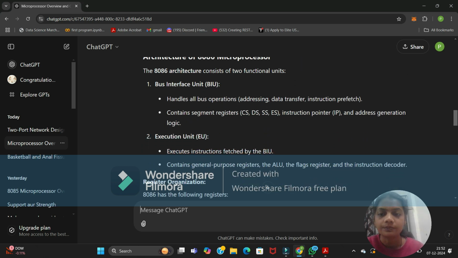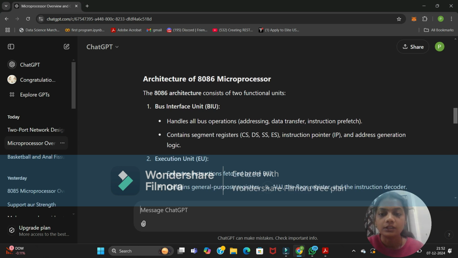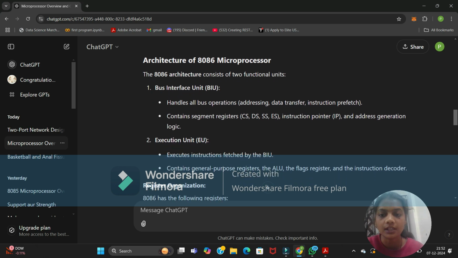Now let us see the architecture of the 8086 microprocessor. First of all, it consists of two functional units, which are the BIU and the execution unit. The bus interface unit handles all bus operations like addressing, data transfer, instruction prefetch, etc. It also contains segment registers like CS, DS, SS, ES, instruction pointer, and address generation logic.